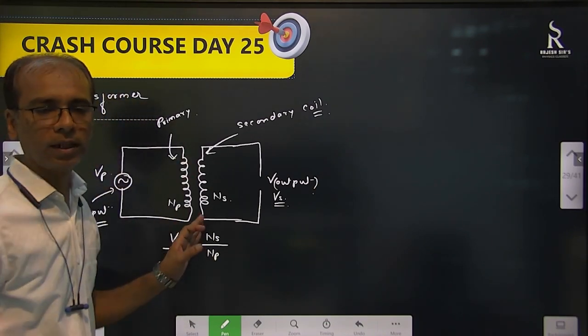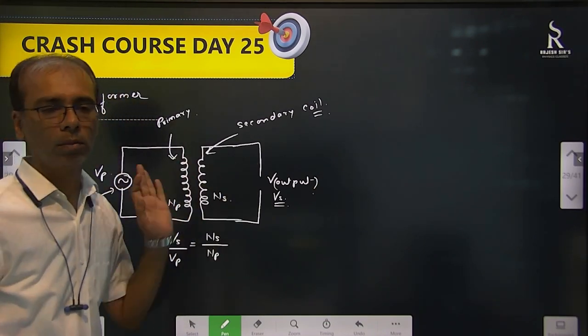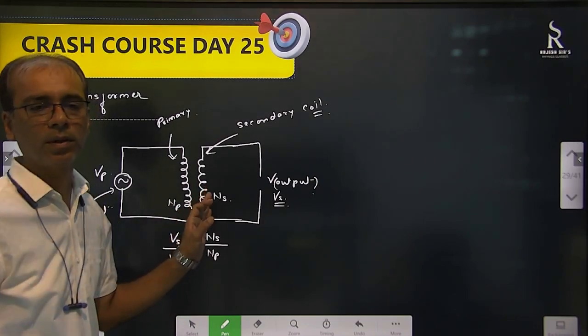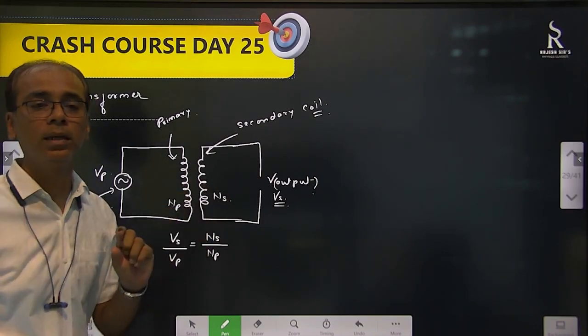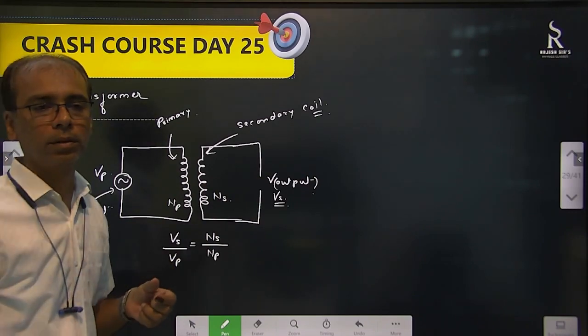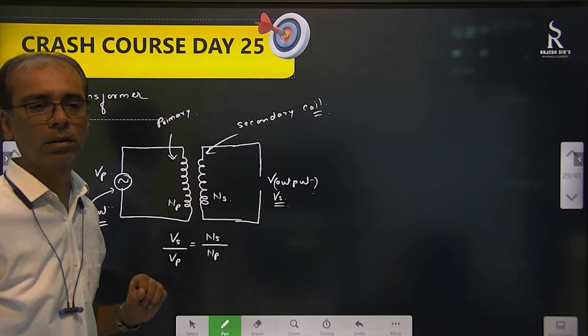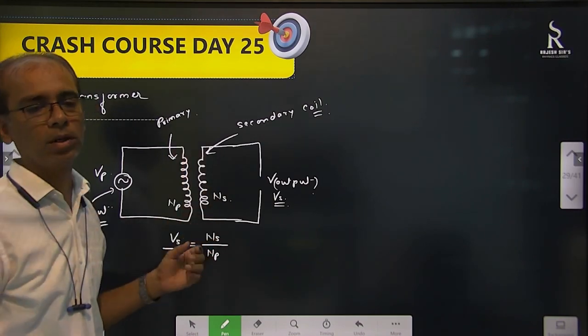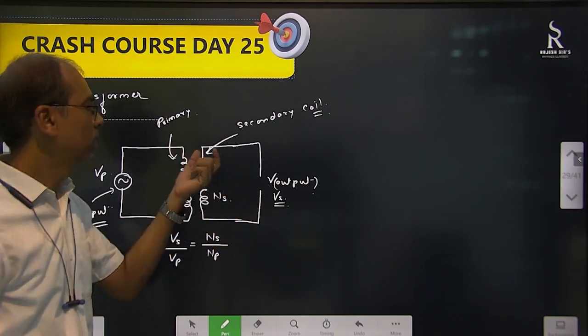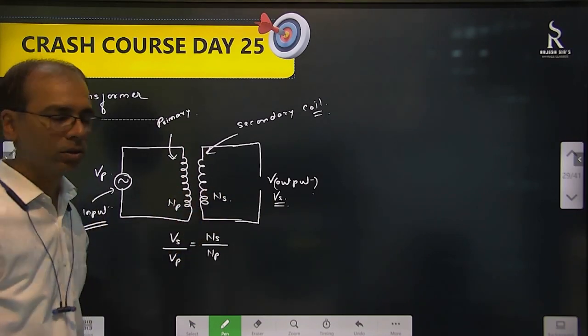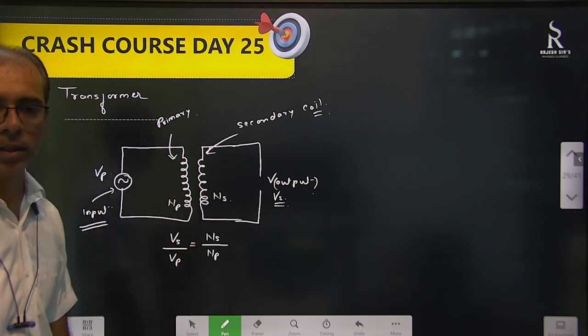If there are more turns, we are going to get more output. If fewer turns, less output, because through each turn, flux linked is the same. So Vs by Vp equals Ns by Np.